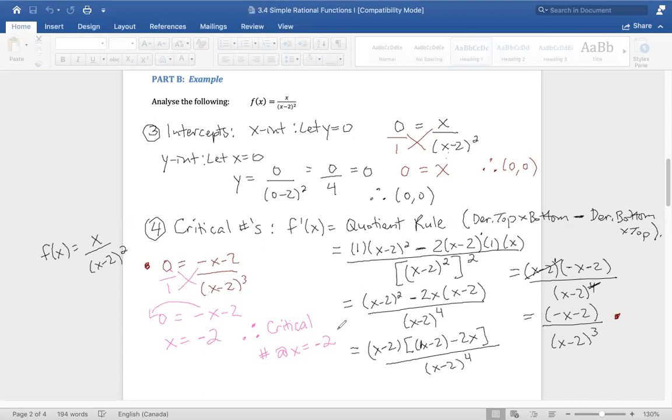So I have found my critical number, number 4, but now we're moving into number 5, remember? And then we'll take a break. Determine the intervals of increase and decrease and classify the critical numbers would be doing the chart. So this is now step 5. So I have a critical number at x equals negative 2, just because I'm going to be clearing this.